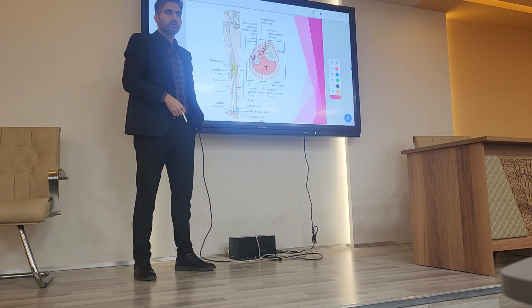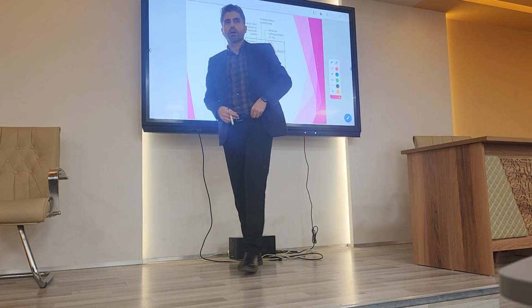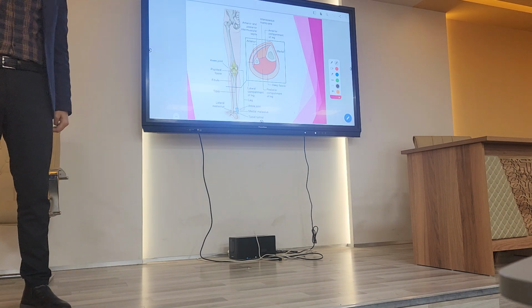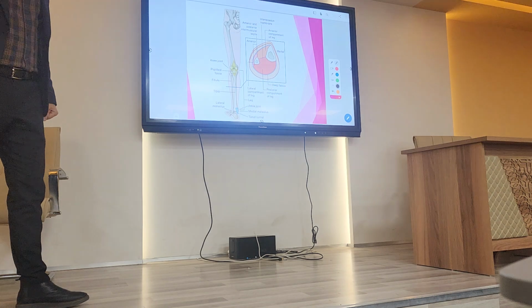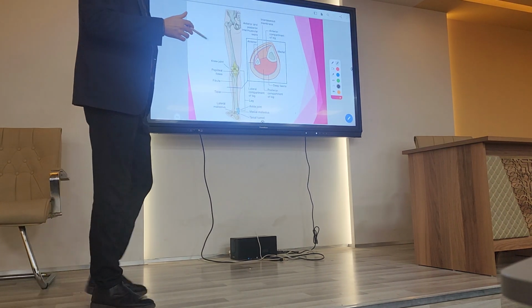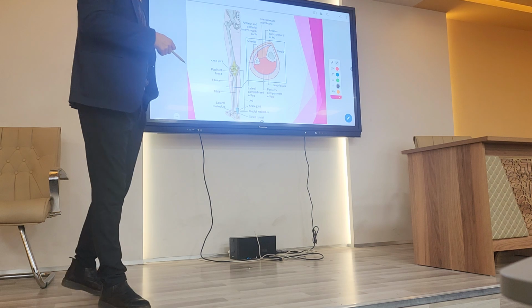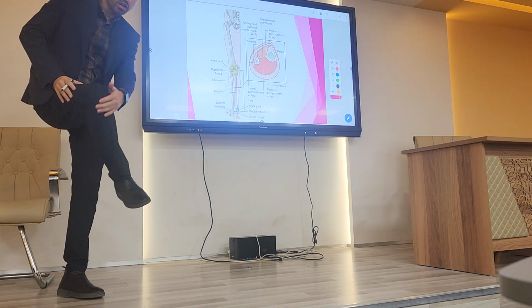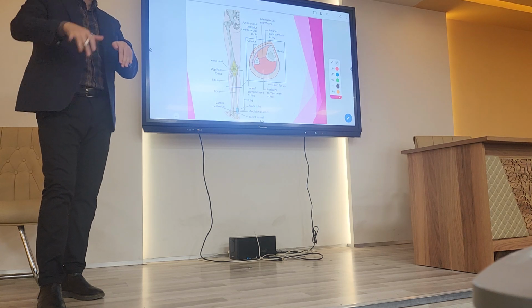Okay? So another question. What is the blood supply for each compartment? Anterior compartment, anterior tibial artery. Posterior compartment, posterior tibial artery. Lateral compartment, fibular artery. The anterior tibial artery is a branch of the popliteal artery.